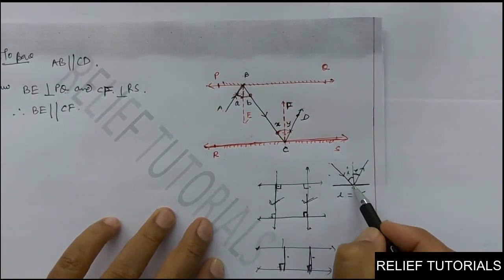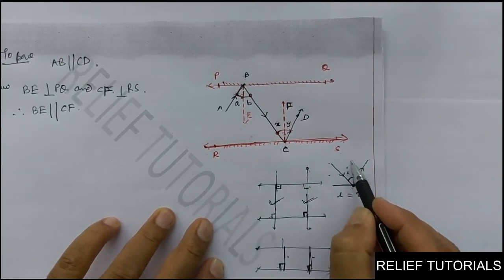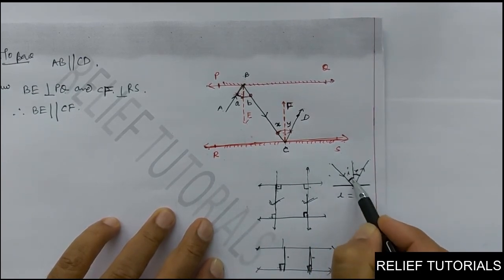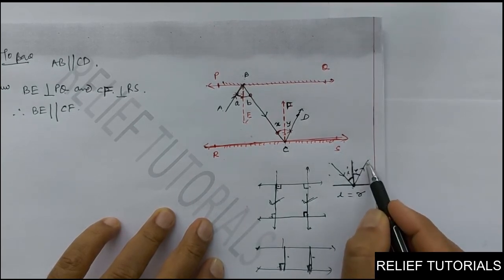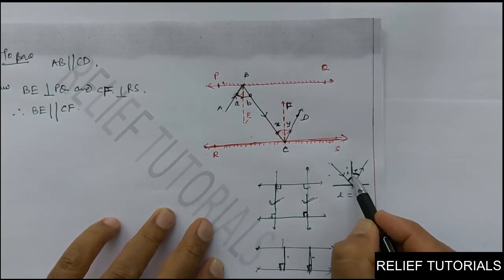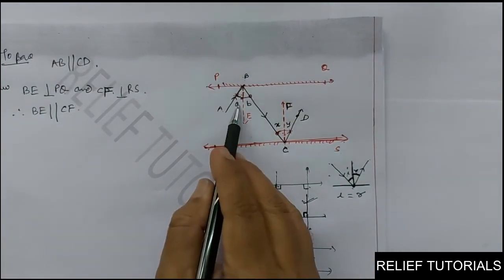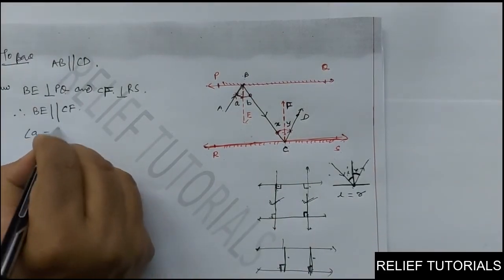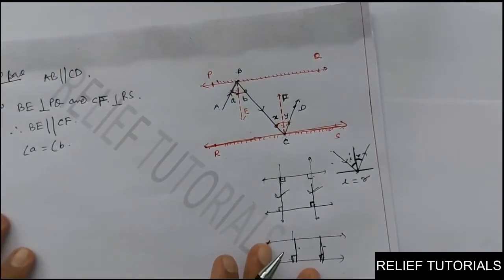This is the incident ray, this is the reflected ray. You have drawn a perpendicular at the point of incidence. The angle made by the incident ray with the normal, that is the perpendicular, and the angle made by the reflected ray with the normal are equal. So I can say here angle A is equal to angle B. Clear?